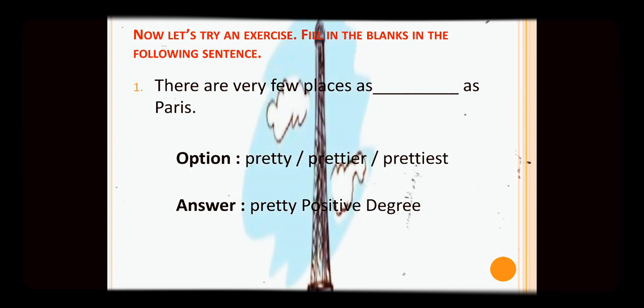Second exercise example, let us try to understand. Of the two, who is dash? So of the two, here two things are compared. So recall the definitions and try to answer this question. Of the two, who is dash?